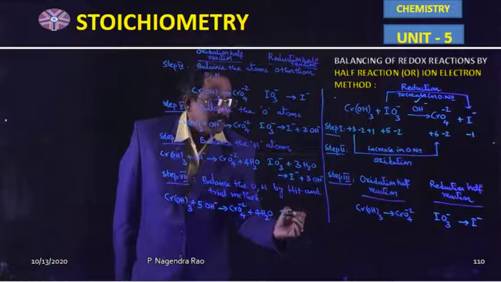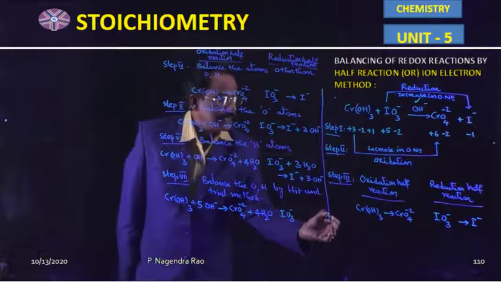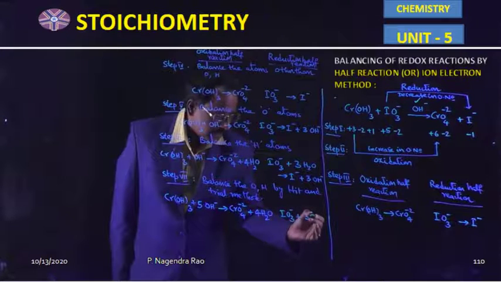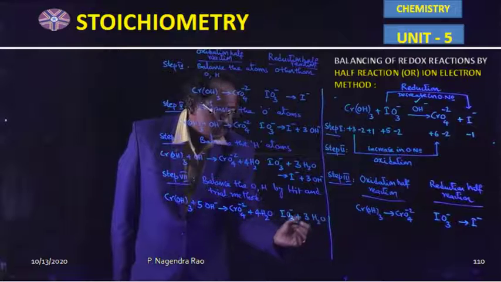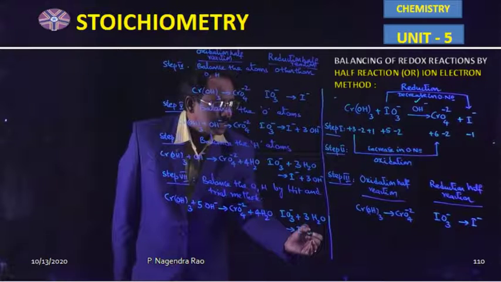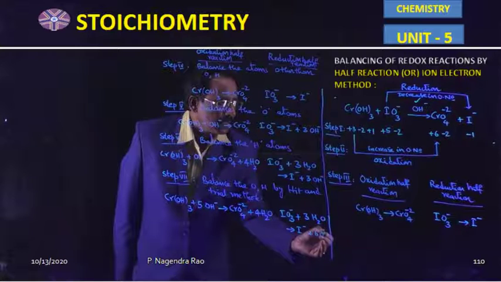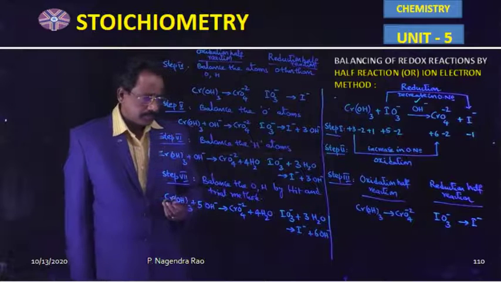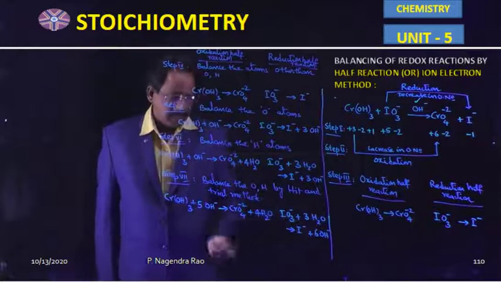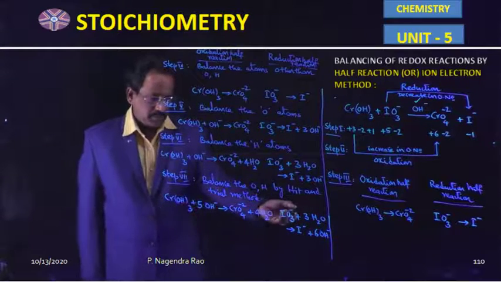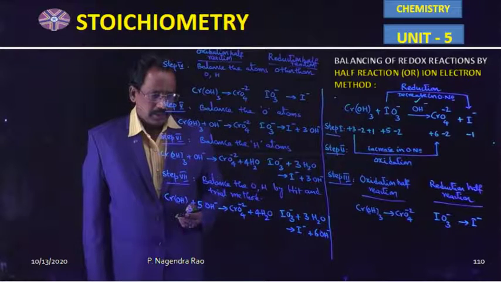Now IO3 minus plus 3 H2O gives rise to I minus plus 6 OH minus. 6 hydrogens, 3 plus 3, 6 oxygens, in the product side also 6 oxygens.